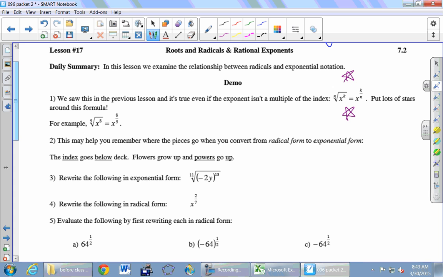The index, remember, is the little 5 in this case, the number in front. So the 5 goes below. Index below deck kind of sounds similar. And then flowers grow up and powers go up. So the power is 8 in this case, and it goes up on top of that fraction, right? So you just got to make sure you know whether it's 8/5 or 5/8.